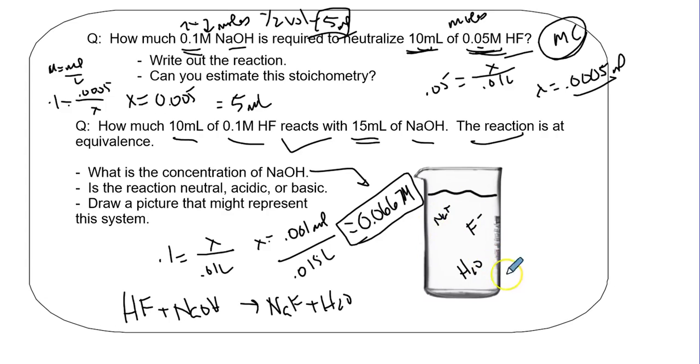I don't know how many we'd have, but it would be a multiple of that. And this guy obviously is neutral. This guy here is the conjugate of a strong, which makes it neutral. But this is the conjugate of a weak. This is a weak acid, so this is a weak base, and therefore this solution is basic. Okay, and therefore it is basic at equivalence.